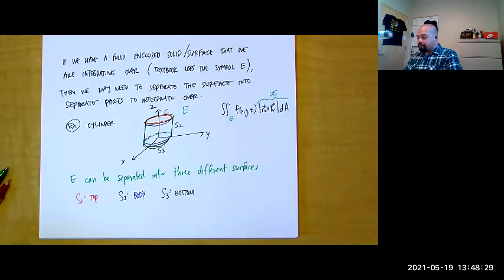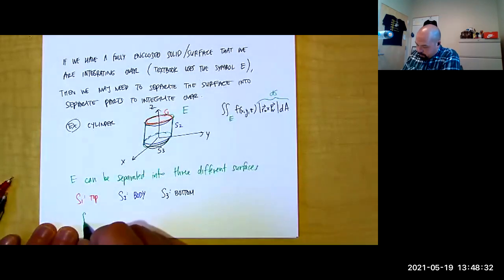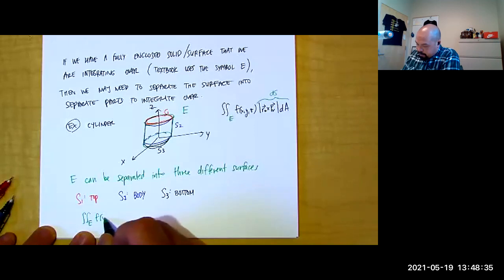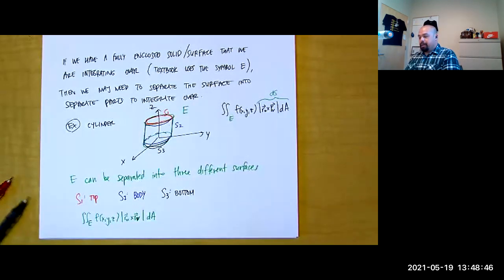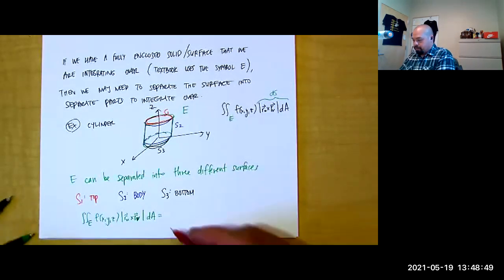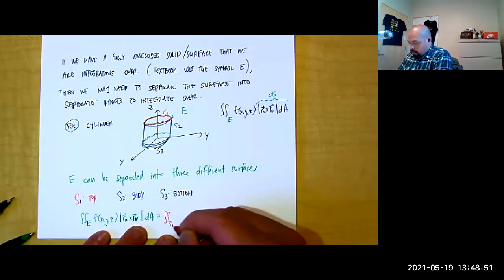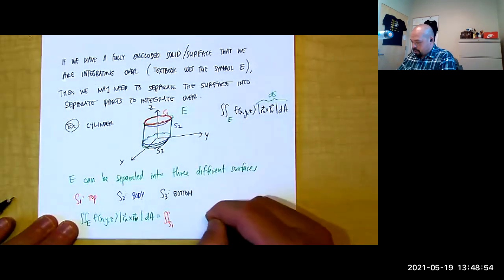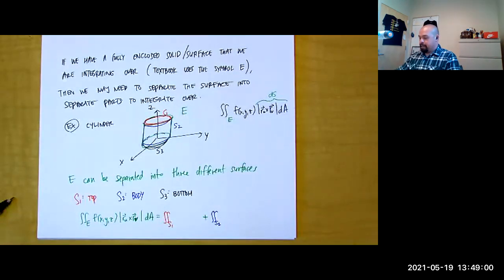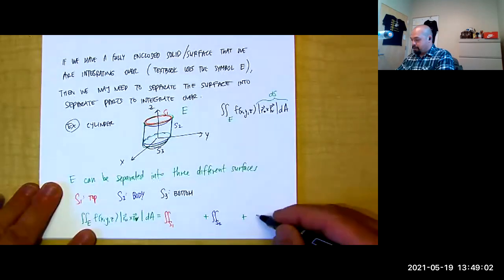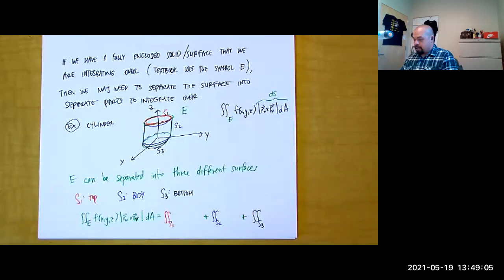So when we actually think about evaluating that surface integral, we actually have to separate over those three different parameterizations for those parts.